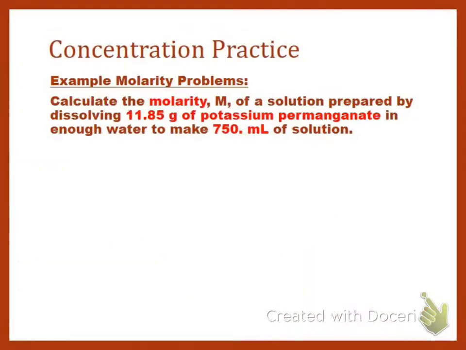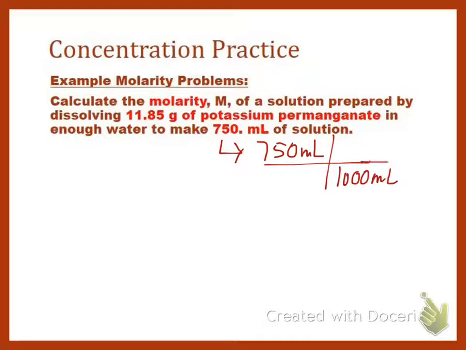So let's work an example. It says calculate the molarity of a solution prepared by dissolving 11.85 grams of potassium permanganate in enough water to make 250 milliliters. So first thing I see is I want to convert that to liters. So I would divide that by 1,000. You do not have to show this conversion because I mean most of you could probably do it in your head.